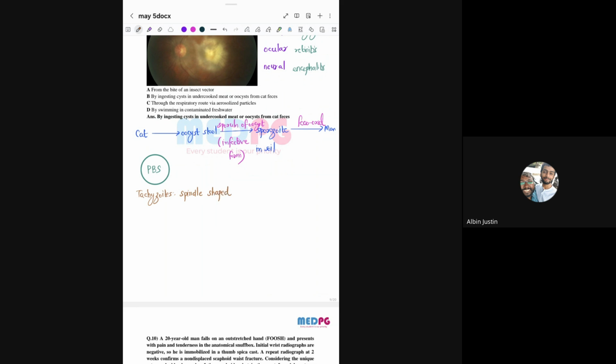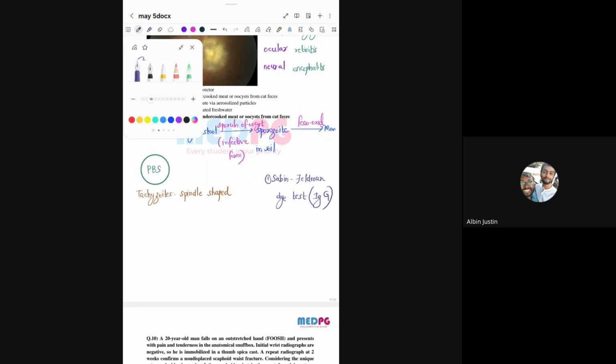Now, what are the immunological tests? You have the Sabin-Feldman dye test, which is for IgG detection, and this is the gold standard.